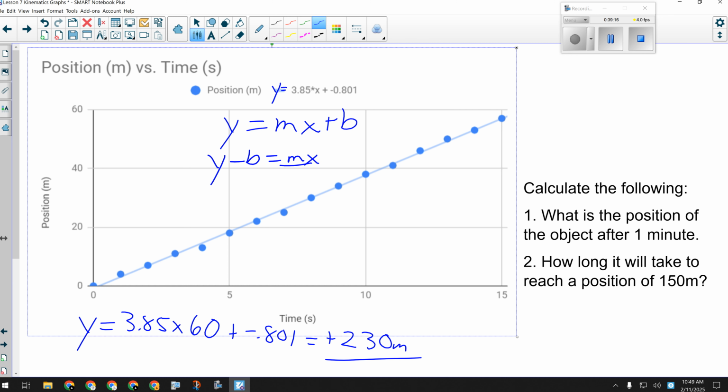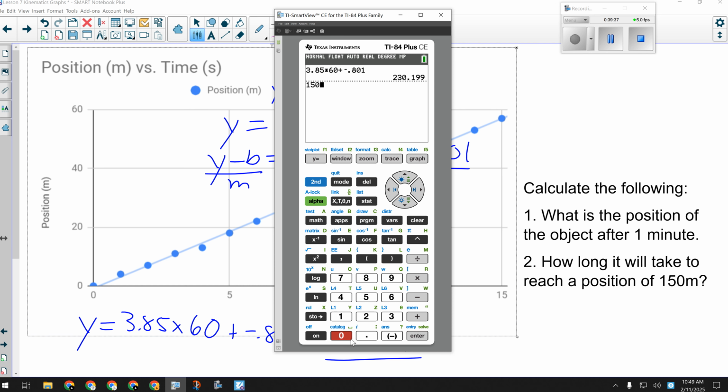I want x by itself, so I divide both sides by m. Now I've got it manipulated. Now I just plug in my numbers. 150 minus negative 0.801 divided by 3.85. That's going to take 39 seconds.